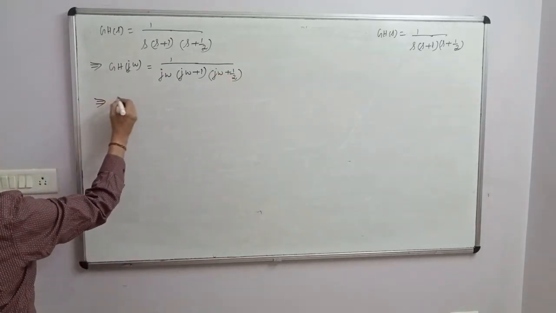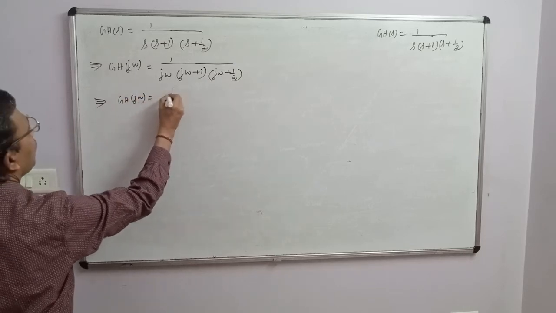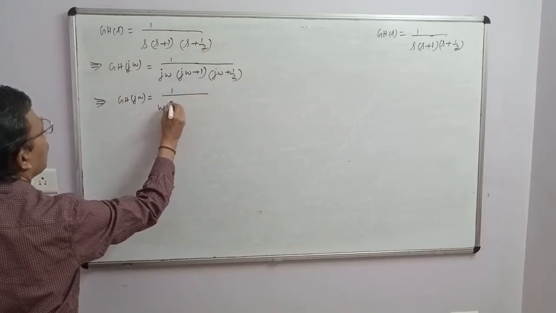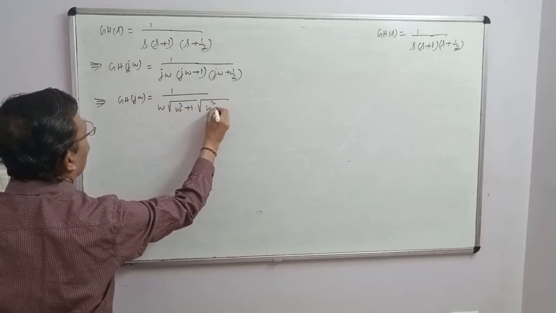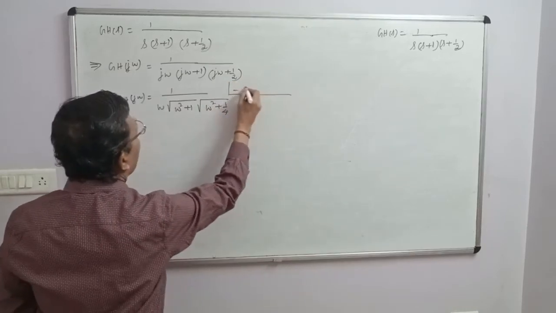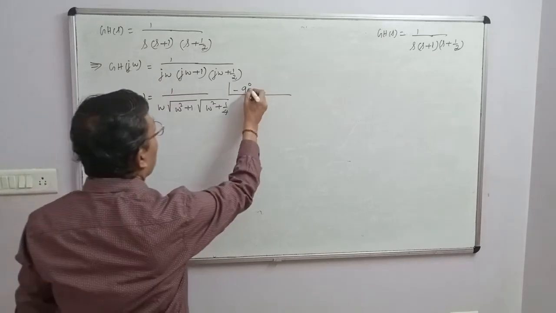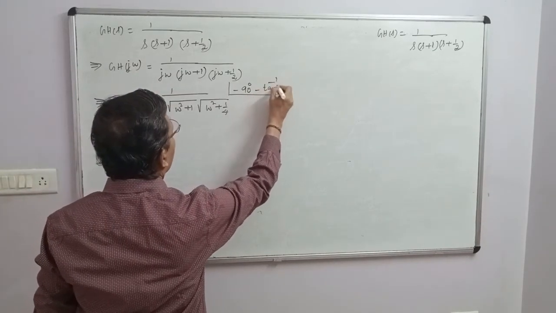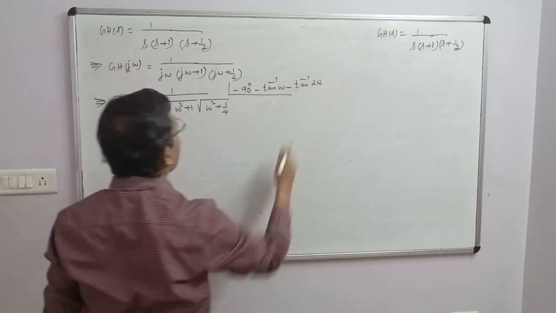This implies GH of j omega has magnitude 1 over omega root of omega squared plus 1 into root of omega squared plus 1 by 4. What is the angle? Minus 90 degrees, minus sign because j is in the denominator, minus tan inverse of omega, minus tan inverse of 2 omega.